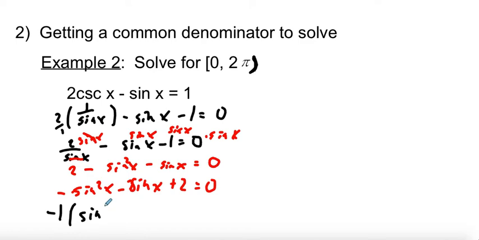So sine squared x plus, so I'm changing the signs of everything here to the right. I'm running out of room down there, so let's come up here. So I still took the negative out. Let's factor this thing now.